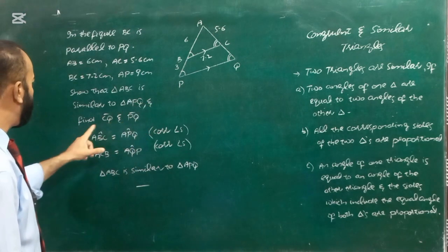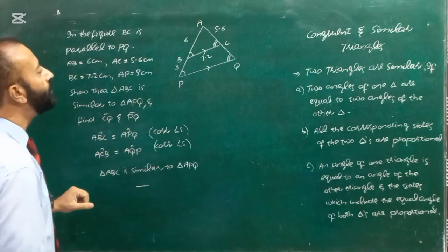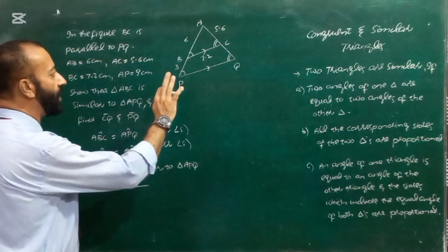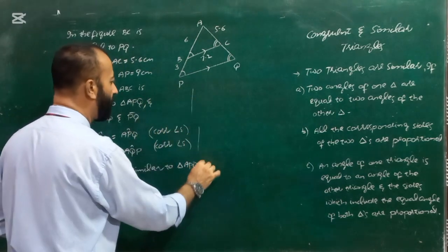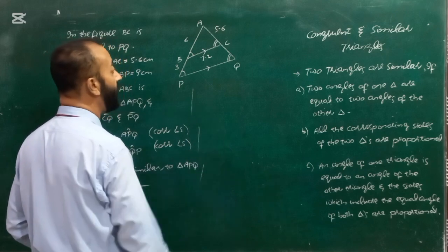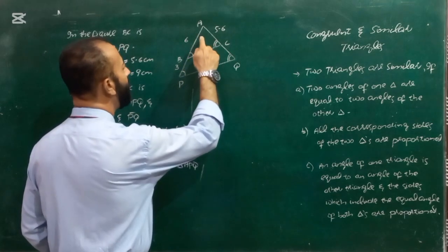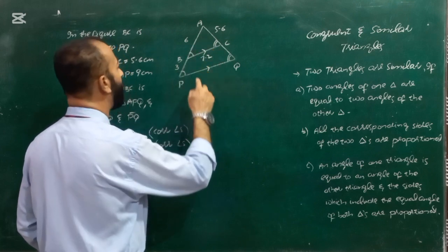Okay, look now and find CQ and PQ. Okay, it means if the two triangles are similar, then the ratio of the corresponding sides will be same in the two triangles. So it means, okay, we are moving from smaller to bigger triangle.